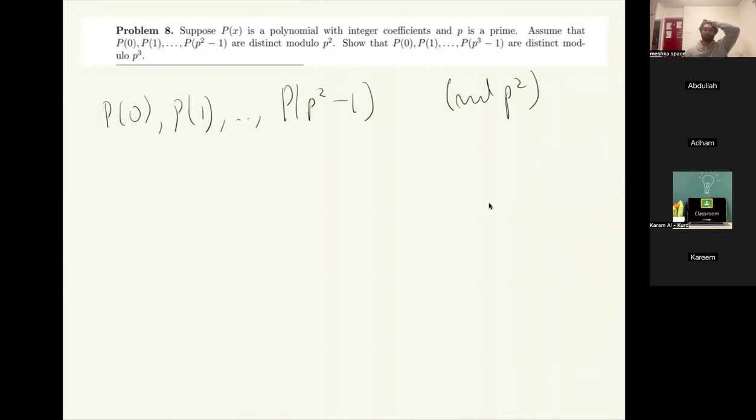Also let me remind you how polynomials work.